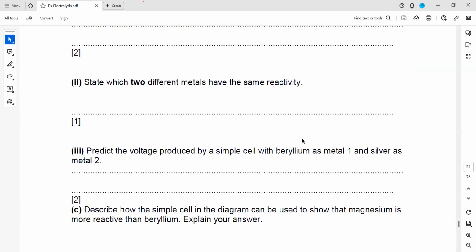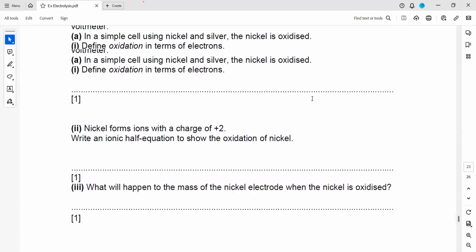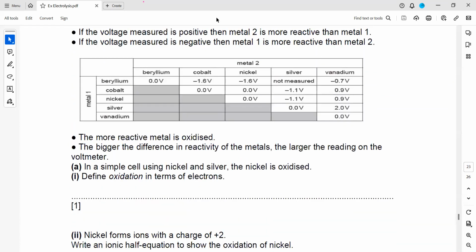Then predict the voltage of a simple cell with beryllium as metal 1 and silver as metal 2. So how can we set this up? First, beryllium and cobalt, and the negative voltage is there. It means beryllium is metal 1, it is more reactive.